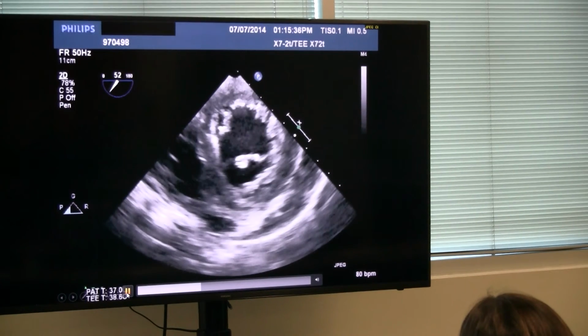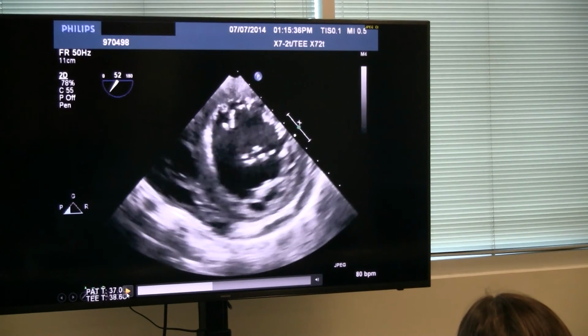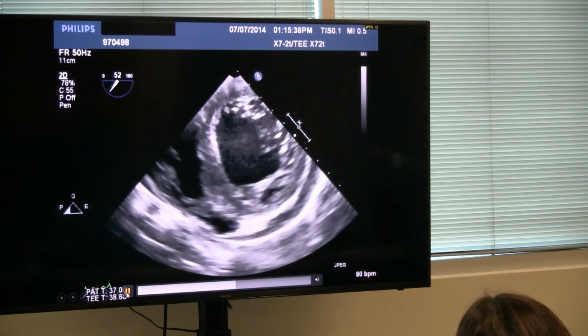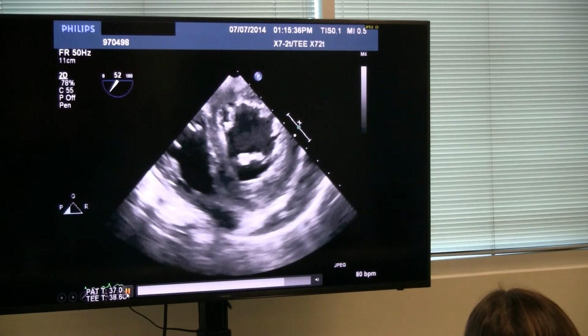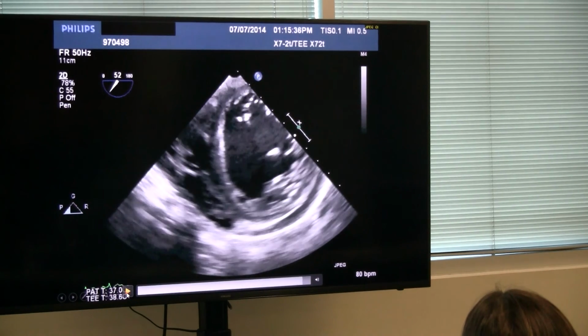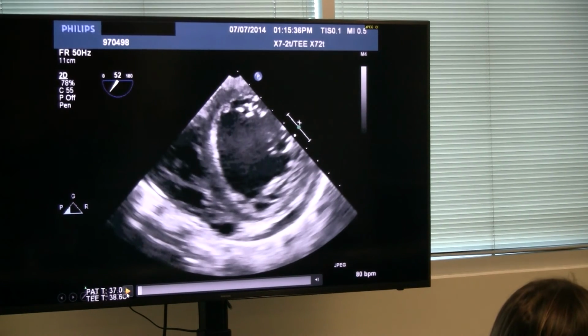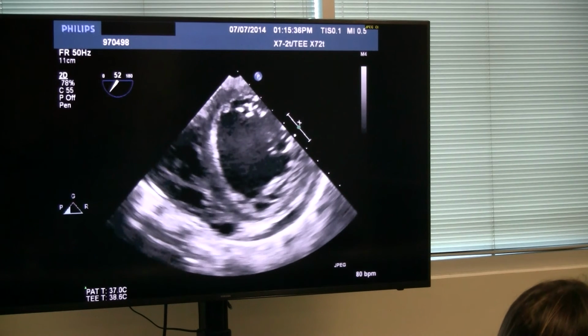You see that? The cleft in the center is a gap. So the primum atrial septal defect is often associated with the cleft in the mitral valve and can be associated with mitral regurgitation. And they all come under this umbrella of partial AV canal defects.